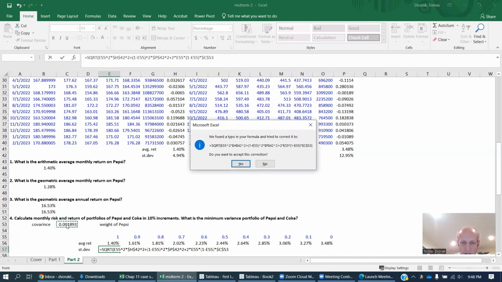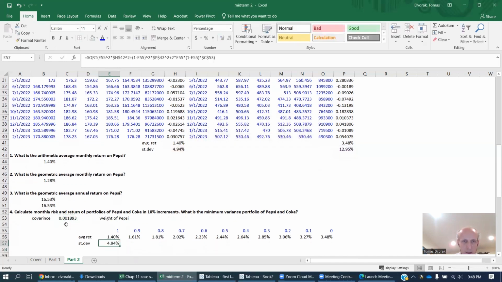Something's off. I believe that we forgot to close the parentheses. Yes, and Excel fixed that for us. That's excellent. We can Control R that all the way, and that actually looks pretty good, because we end up with the standard deviation of 100% Coke equal to the standard deviation of Coke.